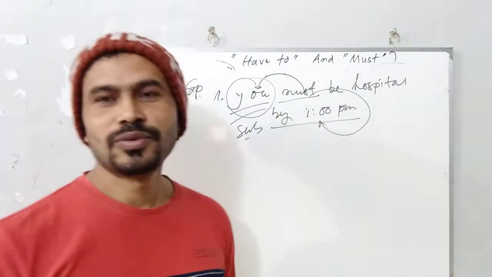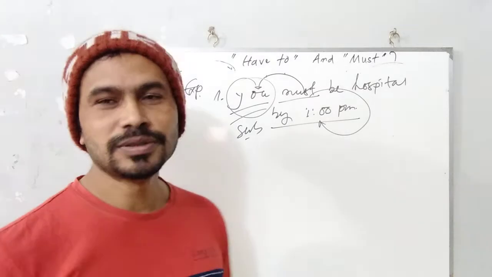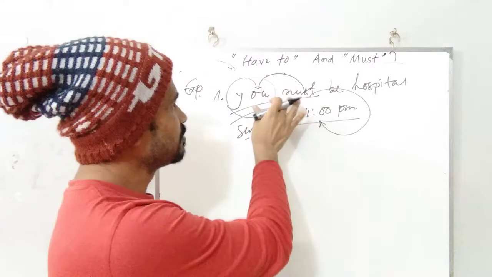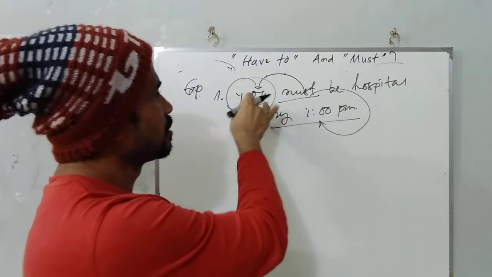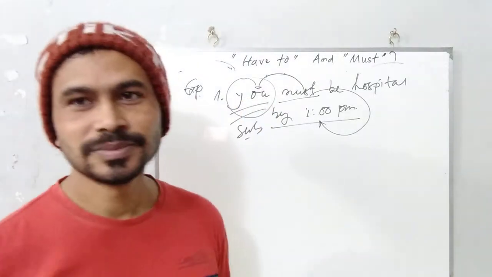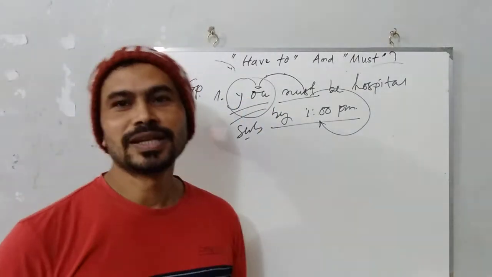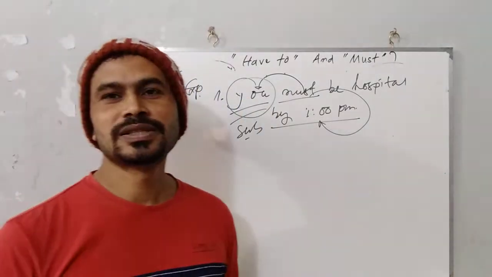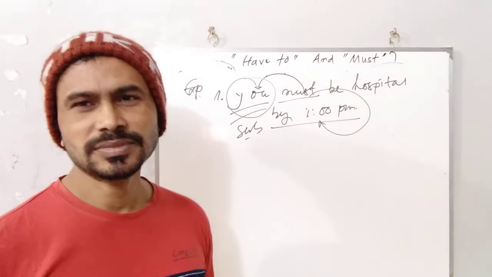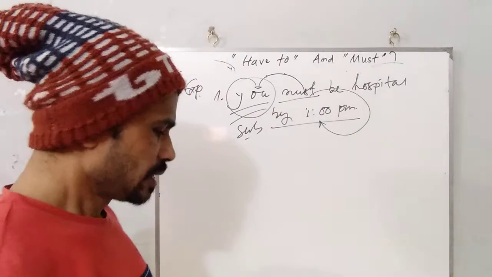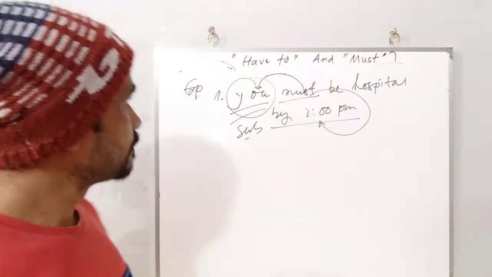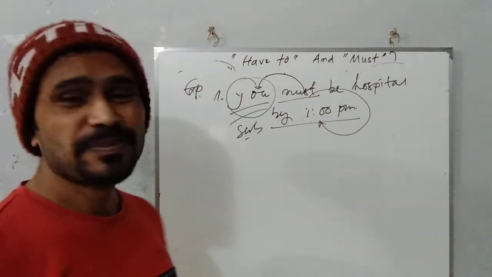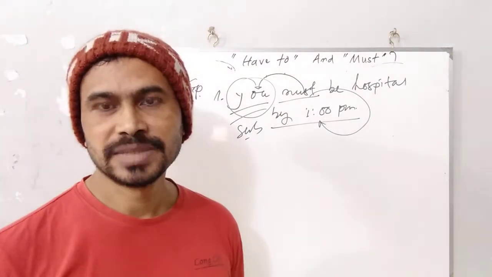That's why we can say that must is used for subjective obligation, or we can say that must is used for specific obligation.